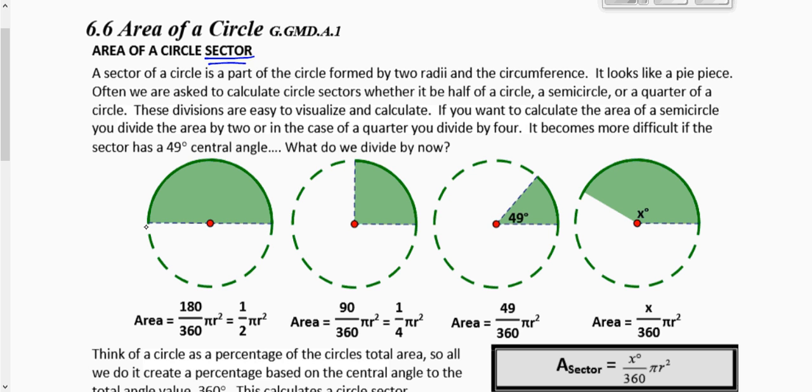So let's start out with a semicircle here, right? Now, there's 360 degrees all the way around the circle, okay? So if we have a sector that's a semicircle, that's half of the circle, as you know, and the angle that's formed here is 180 degrees, okay? So the sector is a fraction of the whole area.